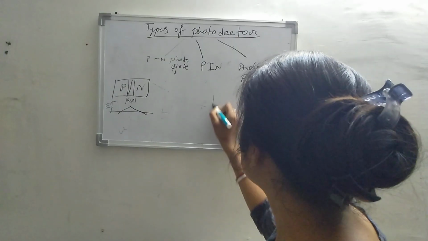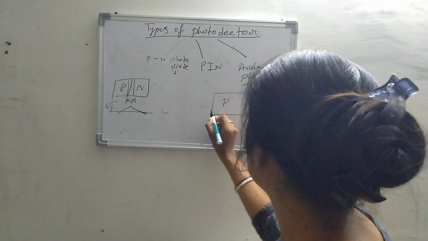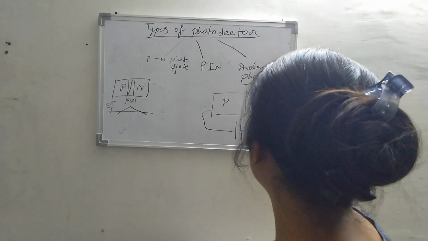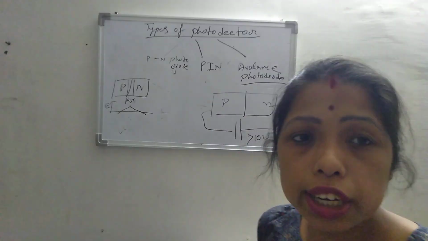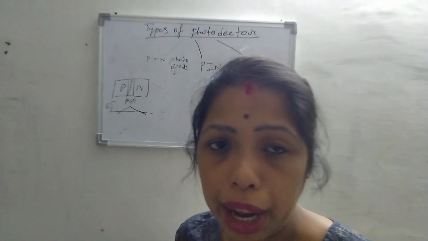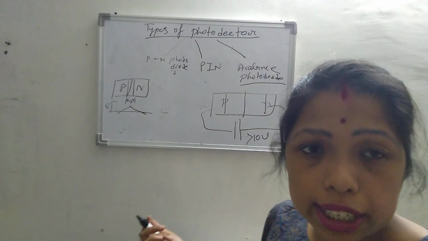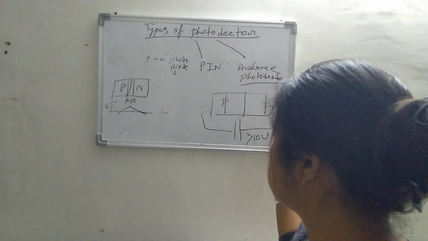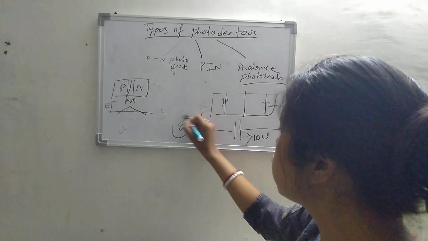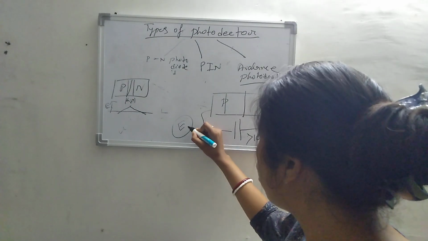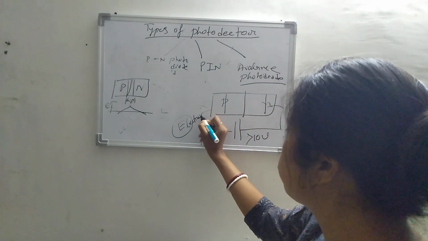So what will happen? Suppose in the p-n junction diode we apply a large reverse bias, more than 10 volts. For that you will get a wider depletion region, and a wider depletion region means you will get a strong electric field.